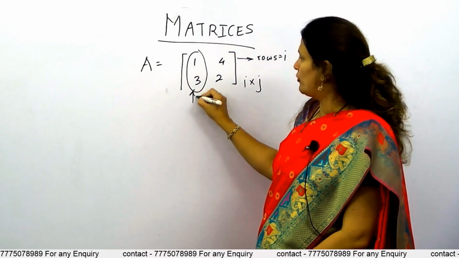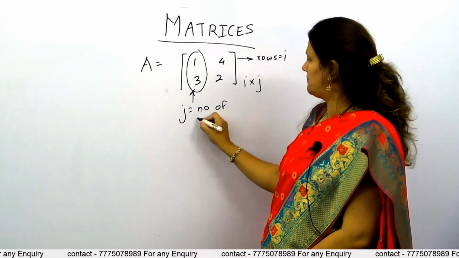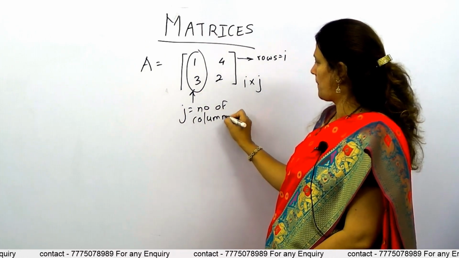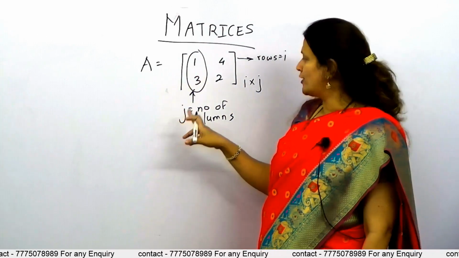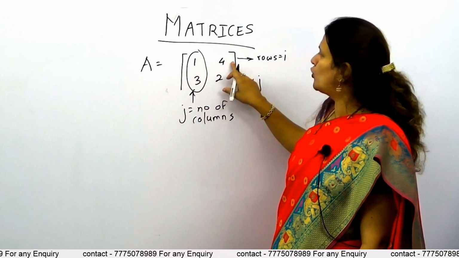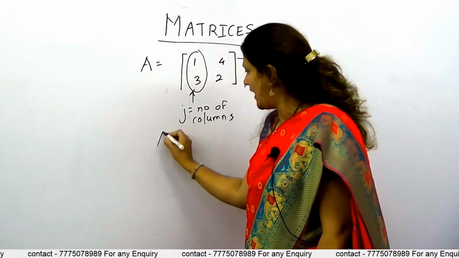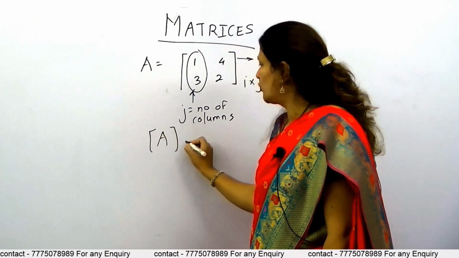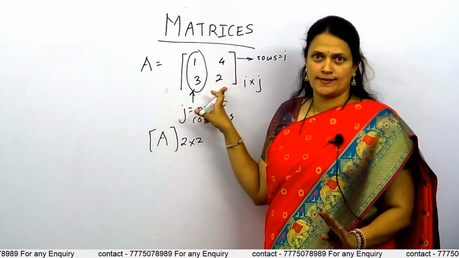So this is your j, that is equal to the number of columns. So basically this matrix is called a matrix of the order i into j. Since there are 2 rows and 2 columns, we say that this matrix A is of the order 2 by 2. So basically this is called a 2 by 2 matrix.